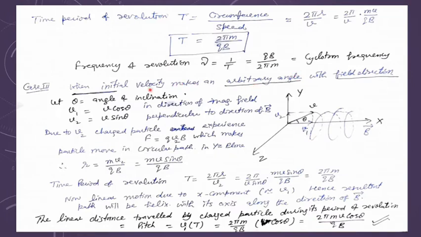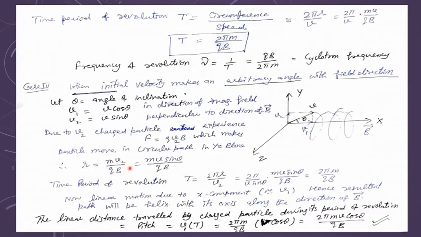But when the velocity makes an angle theta, I resolve it into components: v1 along the direction of B, and v2 perpendicular to it. The component along B only helps me find the linear distance traveled along this direction, and the perpendicular component gives me the radius of the circular path.